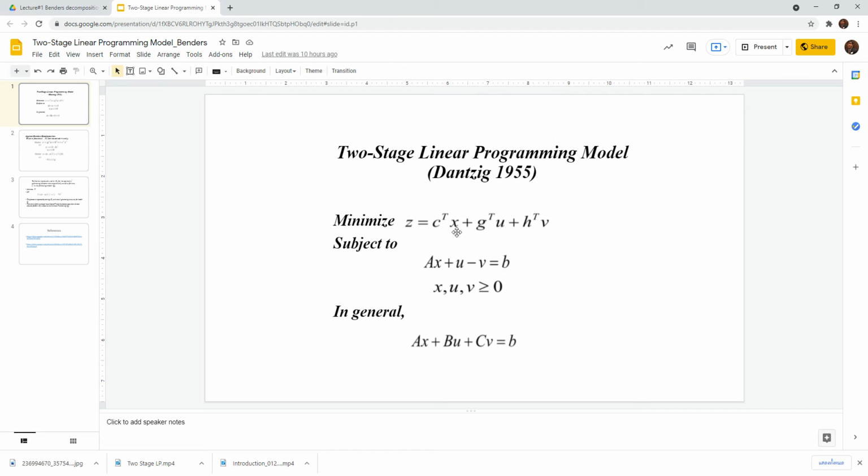And then with the decision of X, like last lecture, where we keep saying that because of the uncertain condition, we can balance the equation A times X equal to B with this additional variable of U minus V and its corresponding cost coefficient.